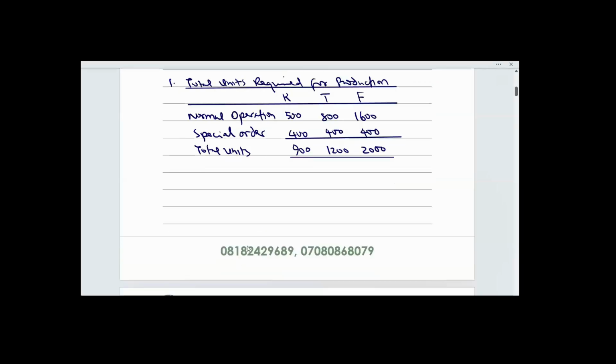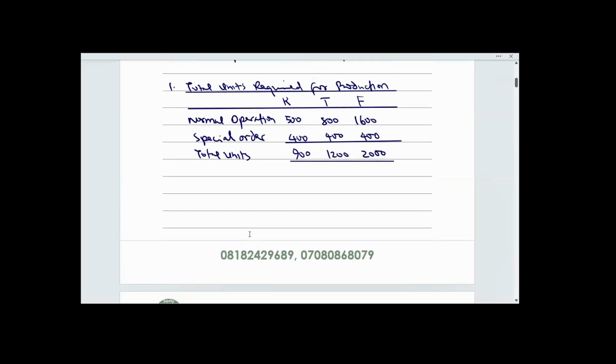Then step two, you need to confirm. The examiner has told you that only 17,500 units of material B are available. So you need to confirm the insufficiency in material B, whether truly that 17,500 units is not sufficient.